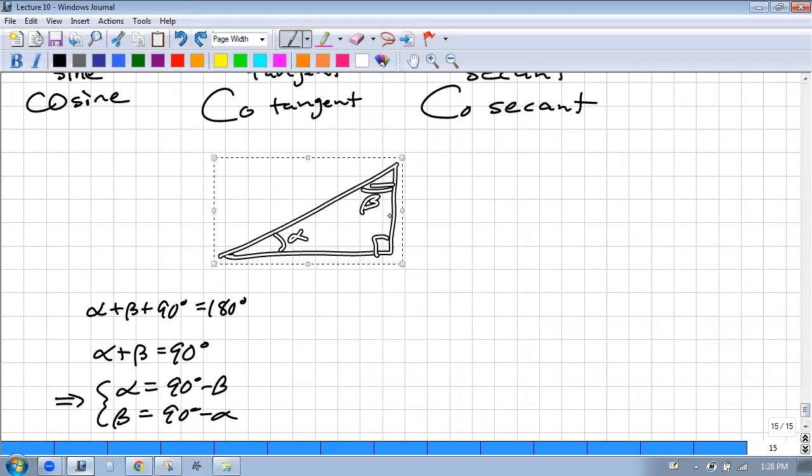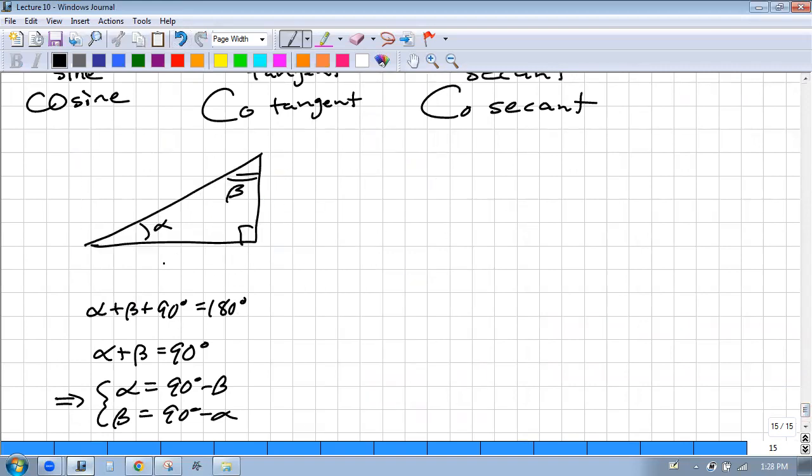Now, check this out. I'm going to use messed up letters here. M, L, and P for the 3 sides, right? So sine of alpha, sine is opposite over hypotenuse. Well, let's look at cosine of its complementary angle.